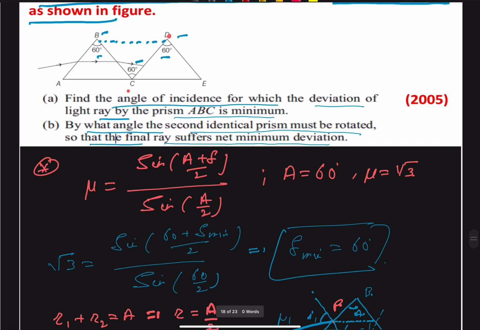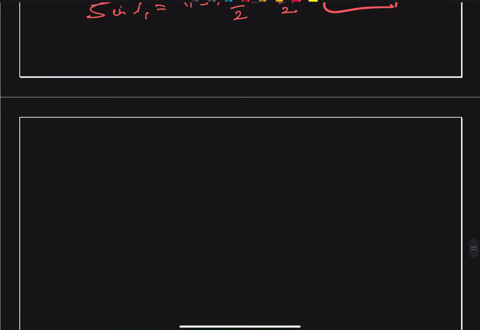So what we want is that our final figure, in which the DCE is rotated, should be like this. This is our triangle ABC, and this is our DCE, and we want to rotate it in this direction.